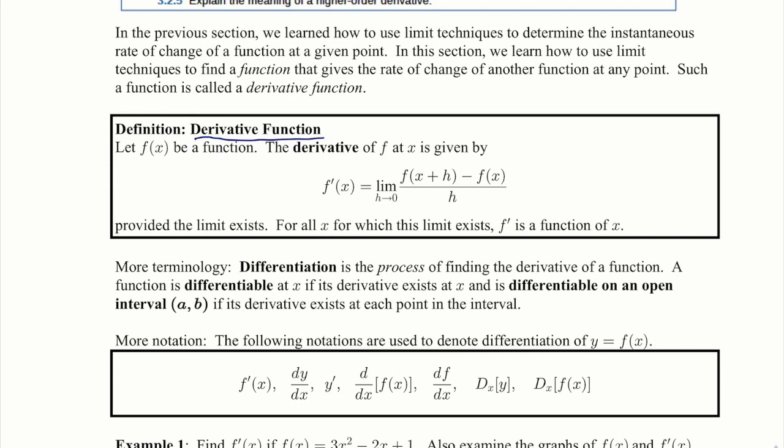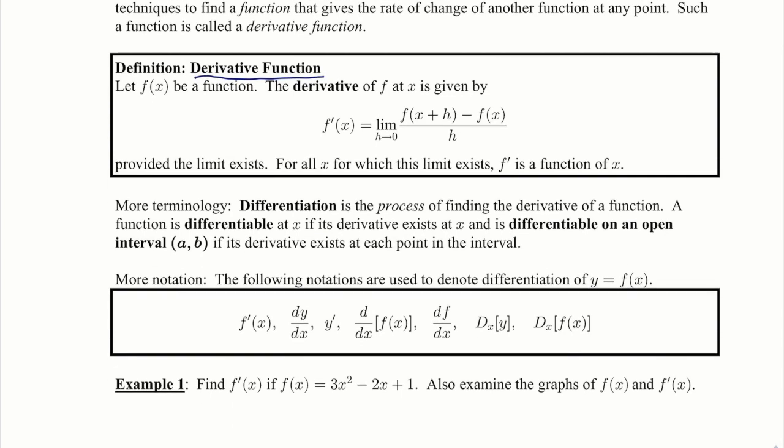So h is still the increment for the difference quotient, and we're still letting h go to 0, but instead of focusing on a specific point, we're trying to develop a function that can take any input. So not really a new formula to memorize, just a new way of looking at that formula as a function itself rather than just a number as an output.